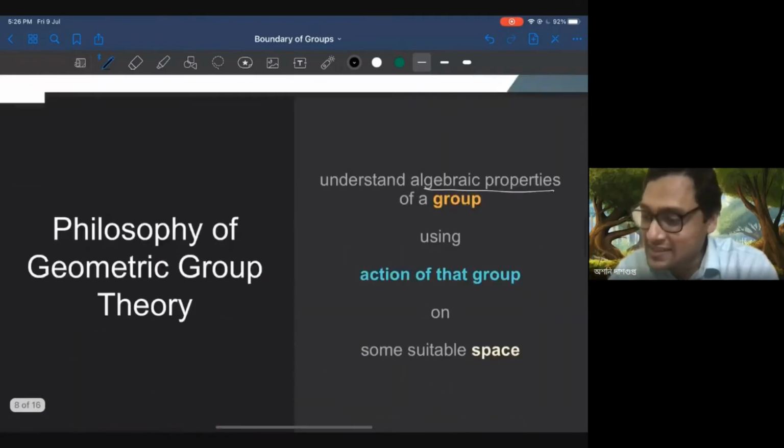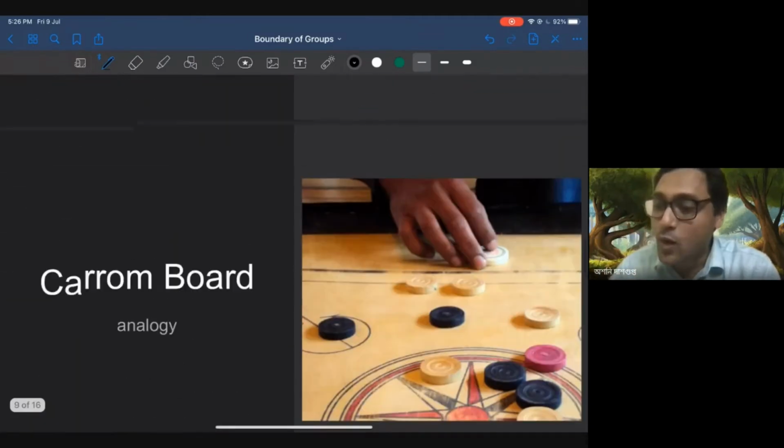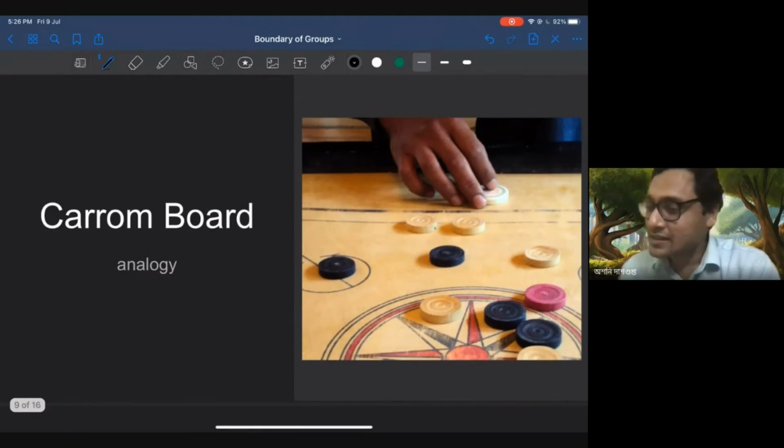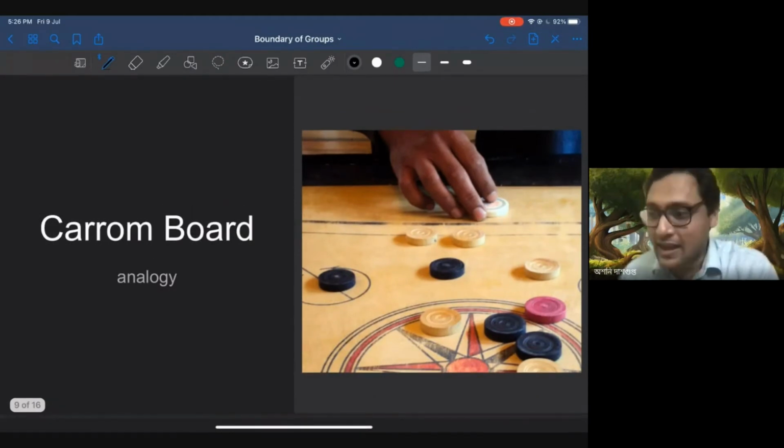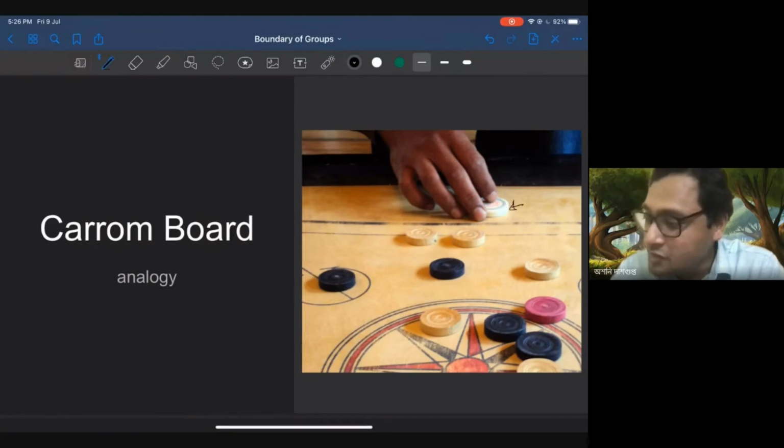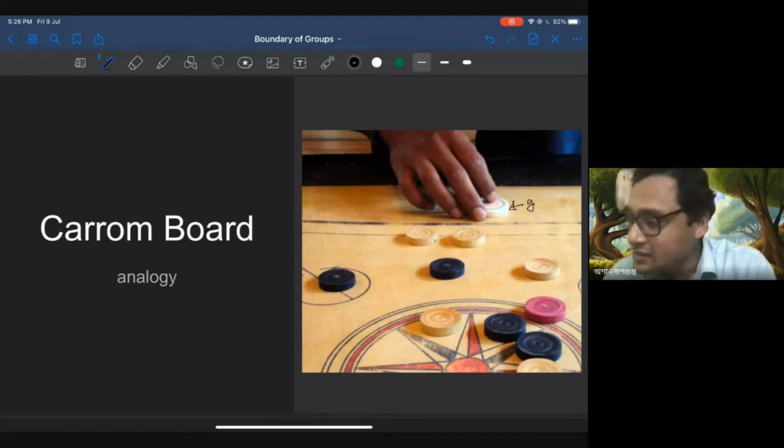Okay, so let's see how we can do that. I'll just give you one analogy. So this is the analogy of a carom board. I like to think about it like this, that this striker of a carom board, you can think of it as group elements, G in capital G, suppose. And these coins here, you can think of this as points in the space.